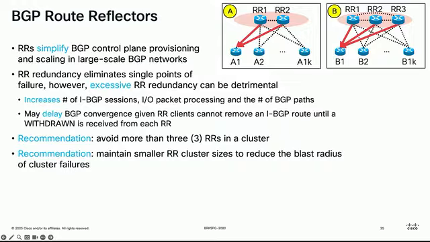And so the recommendation is to deploy no more than 3 route reflectors within a cluster. And it's also recommended to keep the route reflector clusters relatively small in order to manage the blast radius to an acceptable level in the event of a route reflector cluster failure. Okay?